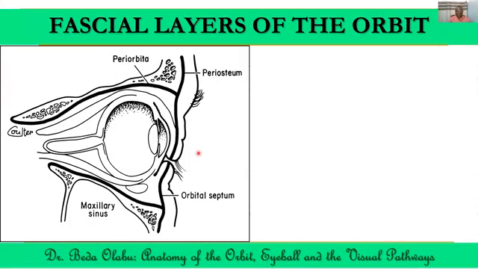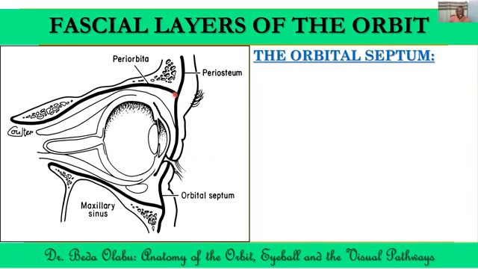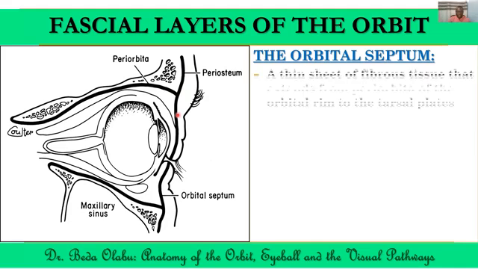The second fascial layer is what we call the orbital septum. This, again, is not very complex. From this image, we can actually appreciate what it is. So this is the periorbita, which is the periosteum of the bones of the orbit. Continuing that way, this is now the orbital septum.